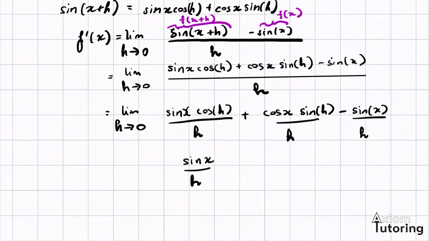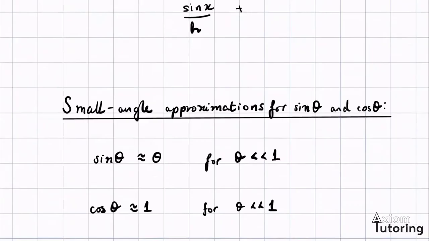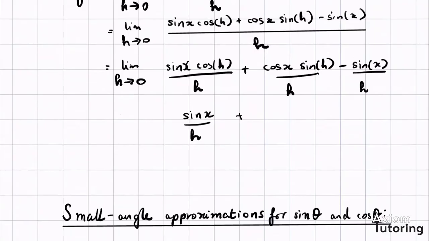Now, cos x sine h over h, this term becomes, well, sine theta approximates to theta. So then we can write sine h here as h. And we can write that entire term as cos x times h over h. Immediately we can see h cancels. And then our last term doesn't really change. It's just sine x over h.